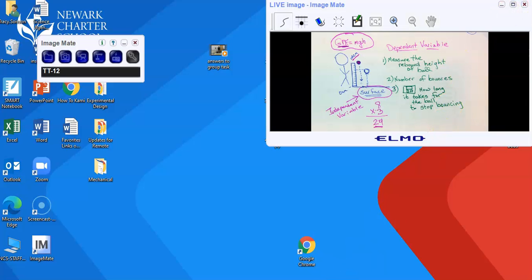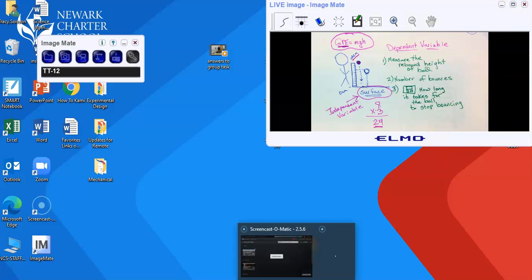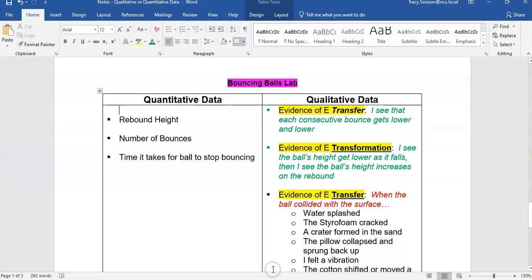So let's look at some more examples of energy transformation that is happening in the lab. When the ball hits a surface, you notice that it might bounce a couple of times, and every bounce gets lower and lower.